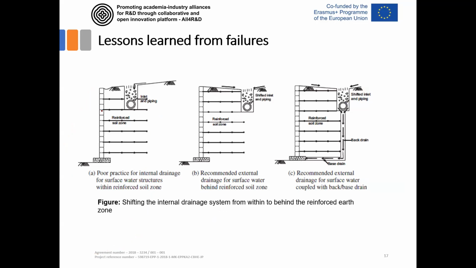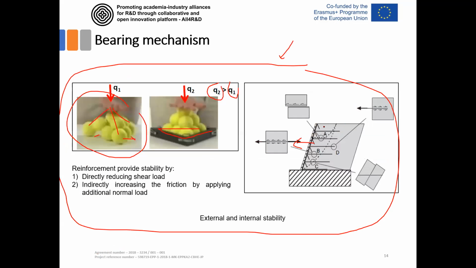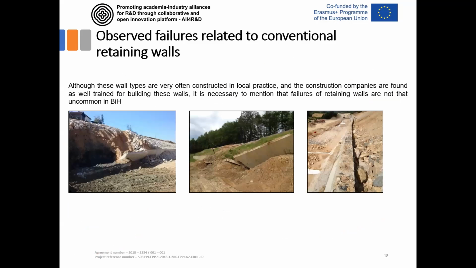So this is a bad detail. This is a good detail. This is also a recommended good detail: put all the surface water around the wall, not inside the wall. Because if you have this, then you have the initiation of failure here that spreads, and at the end you have a picture like this or like this.